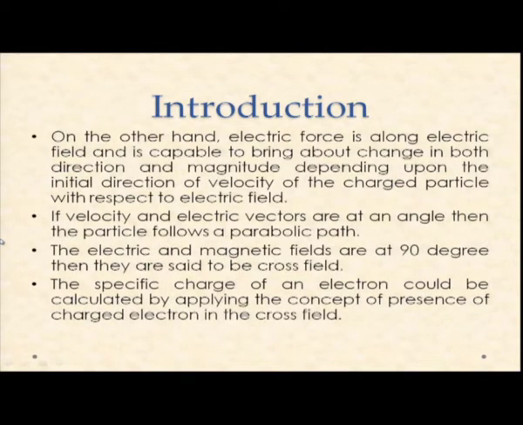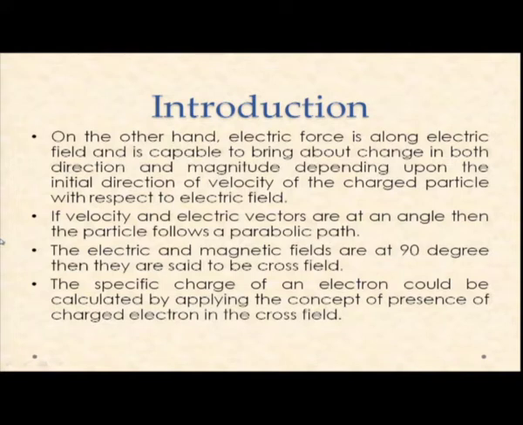Coming to the nature of electric field when it acts on the charged particle, electric force is along the electric field. So in whichever direction the electric field exists, the electric force also exists in the same direction. This electric field is capable of bringing about change in both magnitude and direction of velocity of the charged particle with respect to the electric field.